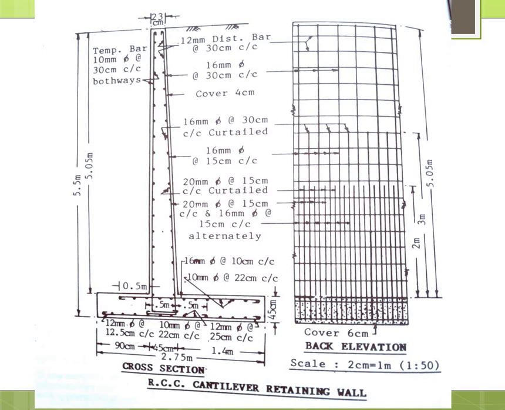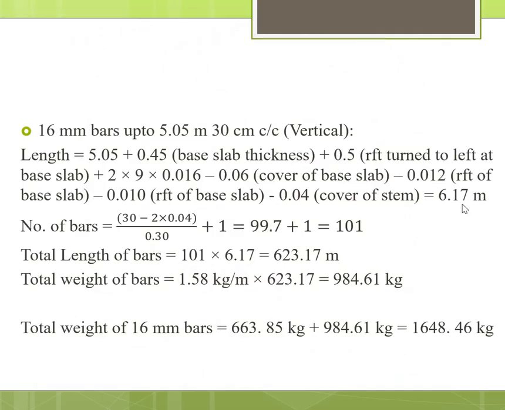Next we will move on to the 16 mm full length bars. They are also vertical. So the length difference coming here is 5.05 instead of 3 meter.